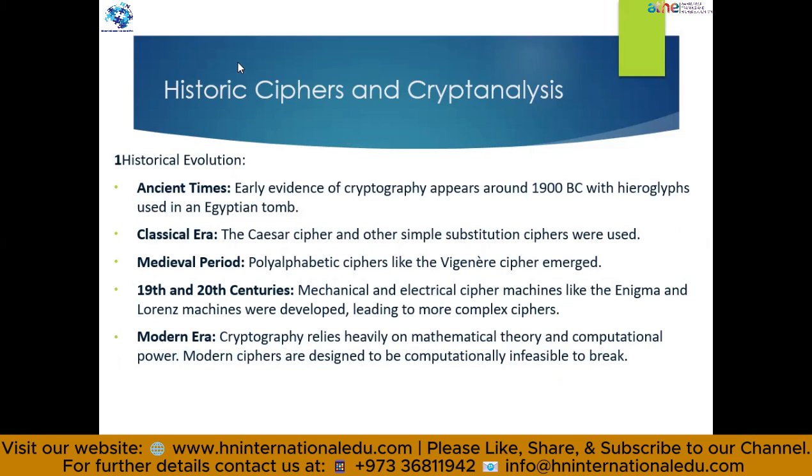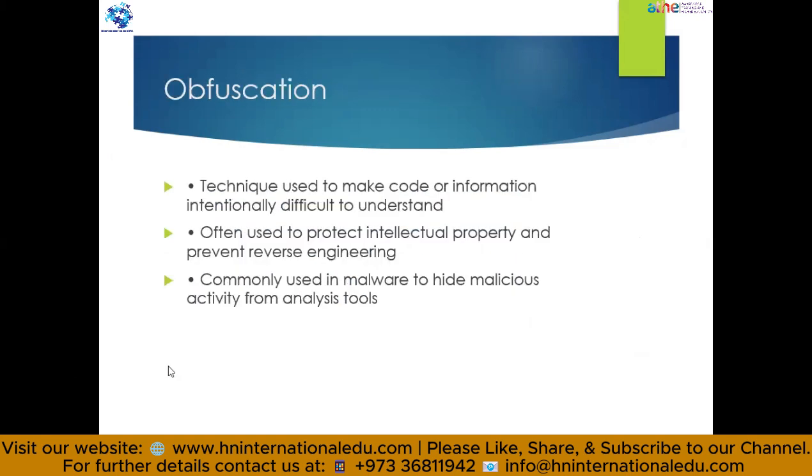In the medieval period, polyalphabetic ciphers like the Vigenere cipher emerged, and then in the 19th to 20th century, mechanical and electrical cipher machines like the Enigma and the Lorenz machines were developed, leading to more complex ciphers. And in the modern era, cryptography relies heavily on mathematical theories and computational power. Modern ciphers are designed to be computationally infeasible to break. Okay, so they are more complex and they are going to protect the data in a better way.